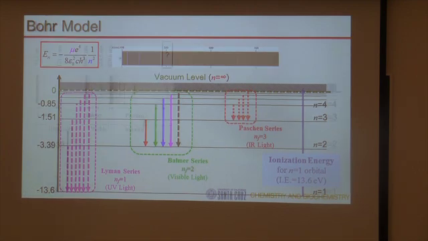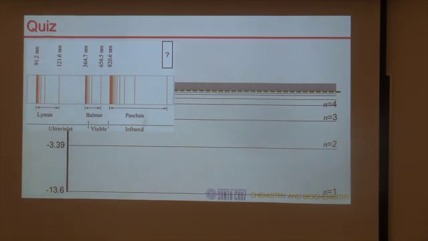Okay? So let's talk about the quiz today. The quiz asks you to calculate the wavelength for this line. And this line is within the Paschen series. Based on that, I know everybody knows how to do that by using the Rydberg equation, because this is the hydrogen atom. Most of you can write down and choose the right equation.